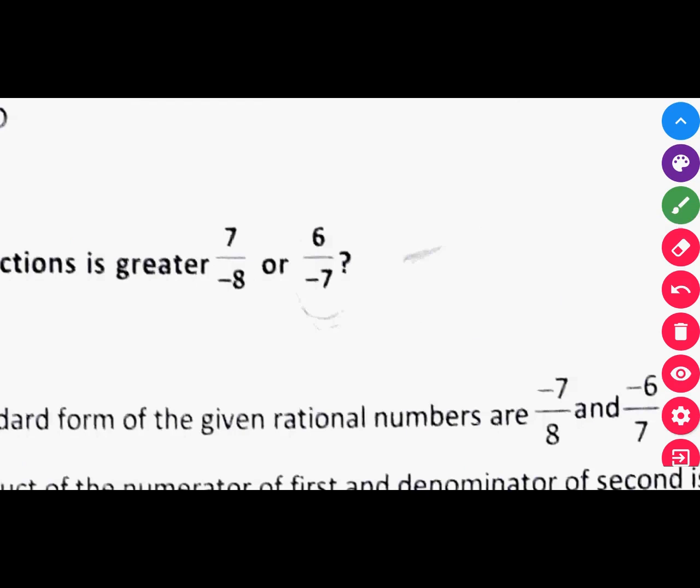What we'll do is first convert it into the standard form and do cross multiplication. Convert it into standard form by multiplying numerator and denominator with -1. Now cross multiply. -7 multiplied by -7 is equal to 49. So if this is A upon B, this is C upon D.